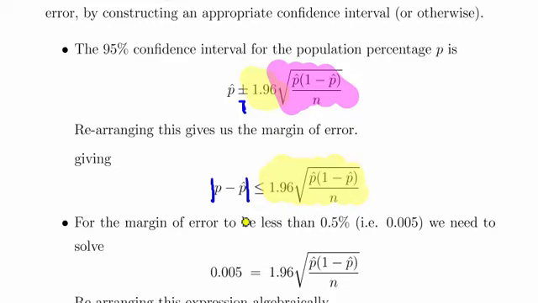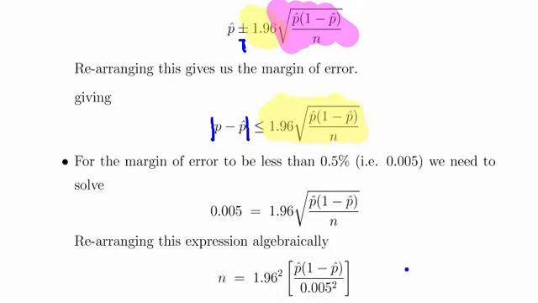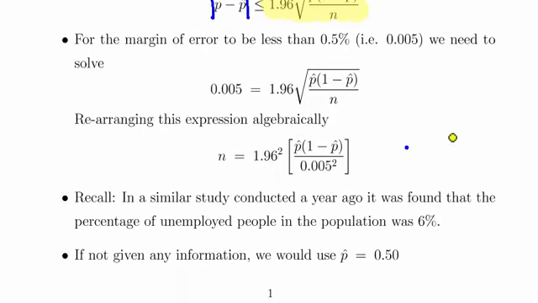We want this difference, this margin of error, to be less than 0.005, half a percent. So what we're going to do here is find the value of n that gives us that. So 0.005 equals 1.96 times the square root of p hat times 1 minus p hat over n.